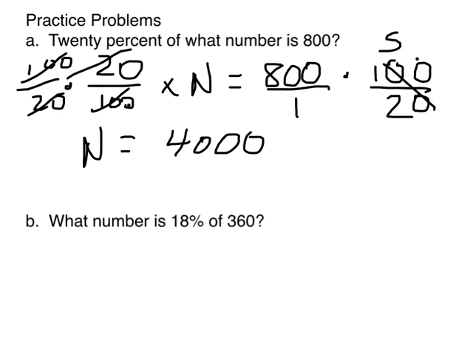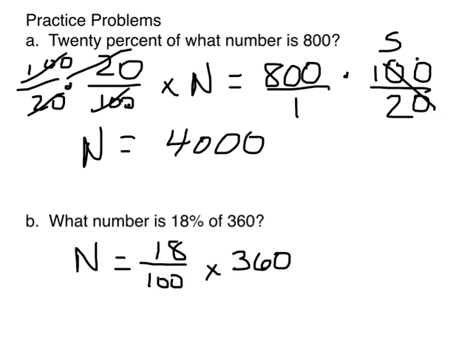All right, in B, what number is 18%? And I'm going to write that 18 hundredths of 360. All right, so here I'm just going to do the math.